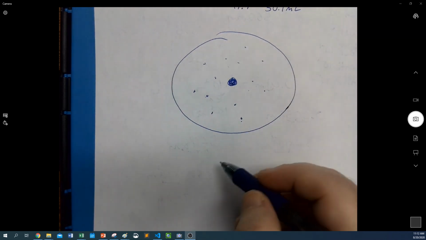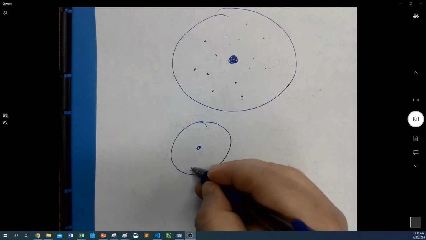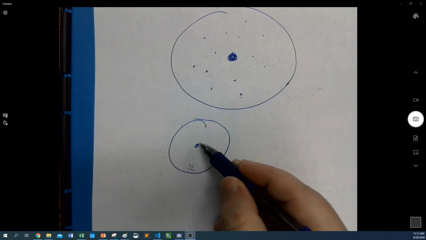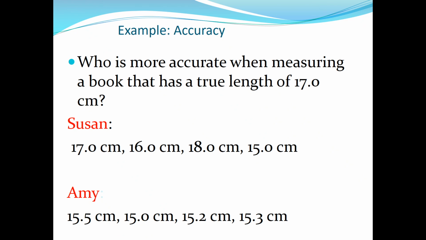Versus something like this. I'm hitting the same spot almost over and over again, but all the points are far away from the true goal. That's the distinction between accuracy and precision.